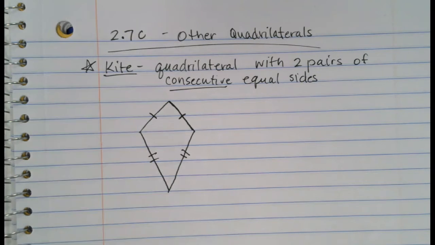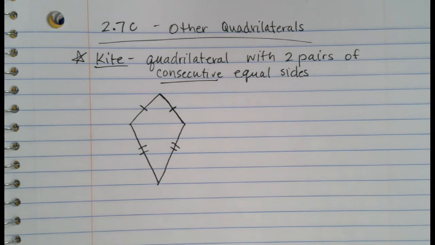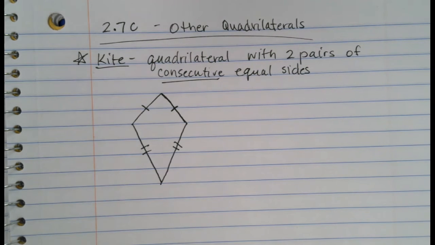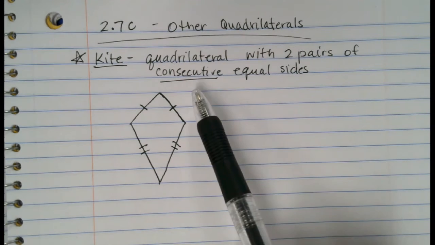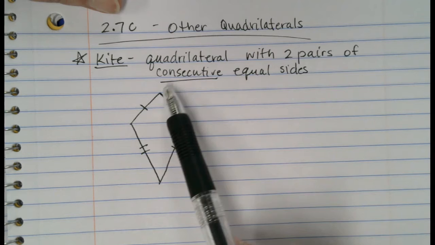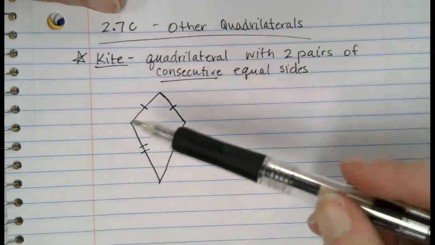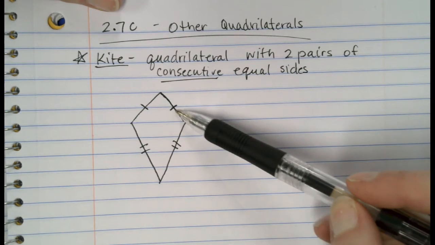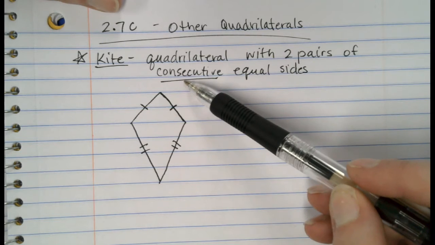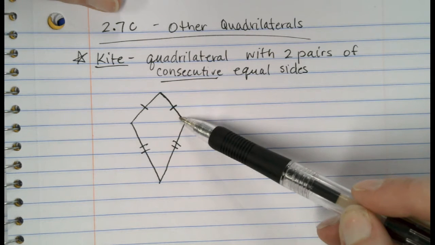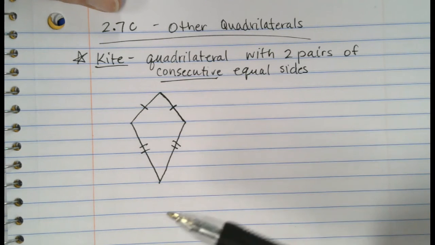We're not going to do a whole lot with kites because there's really not a whole lot that I want to do with them, but I just want to make sure we understand 2 pairs of consecutive equal sides. So here's my first pair. These are equal. They're consecutive because they are back to back. And then my second pair is here.